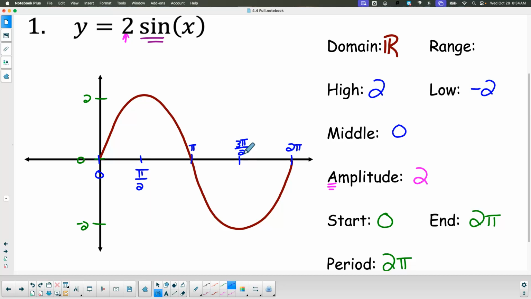When we get into horizontal shifts next week, Tuesday, that halfway, average way will come in handy because there'll be some extra math going on. That's a completed graph: 2 sine of x.